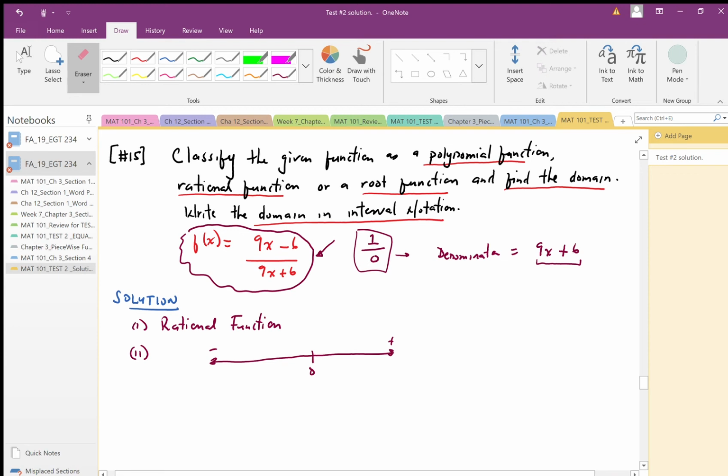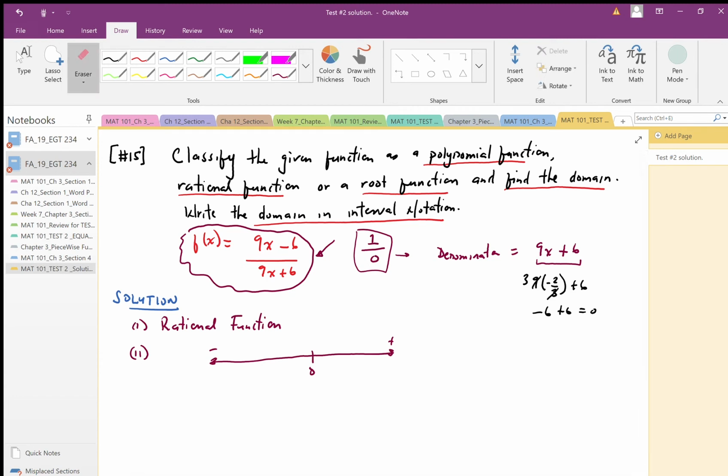Well, if I take x to be 9 times negative 2 over 3 plus 6, I know that 3 goes into 9 3 times. 3 times negative 2 is negative 6 plus 6. That goes to 0. So you know that at negative 2/3, your function is not inclusive of that number. Okay?